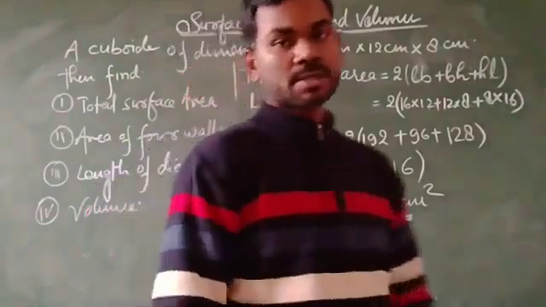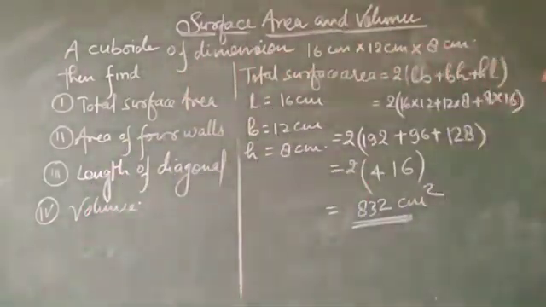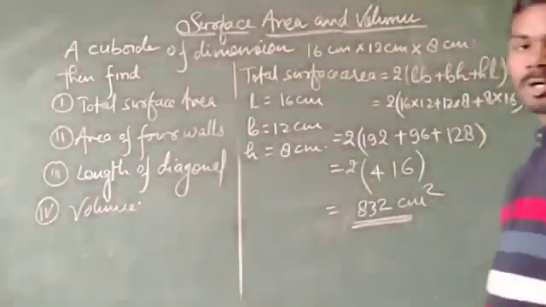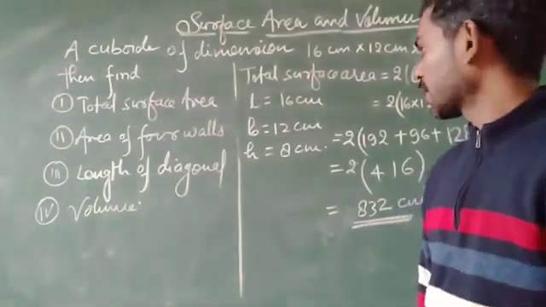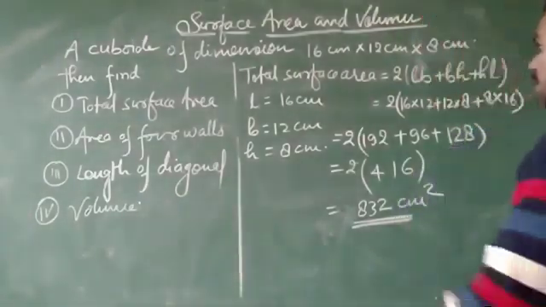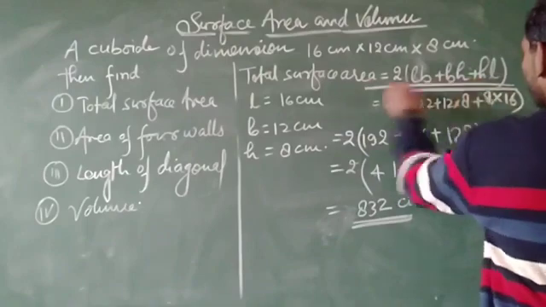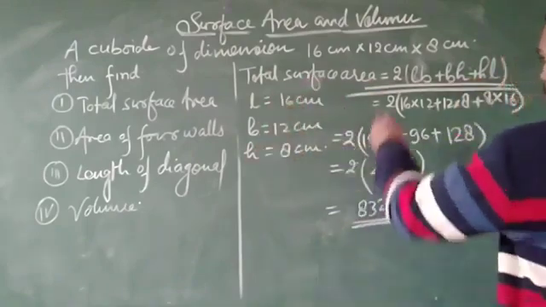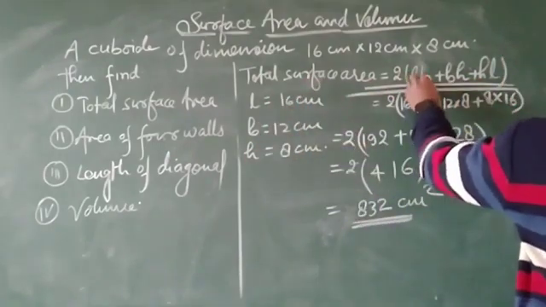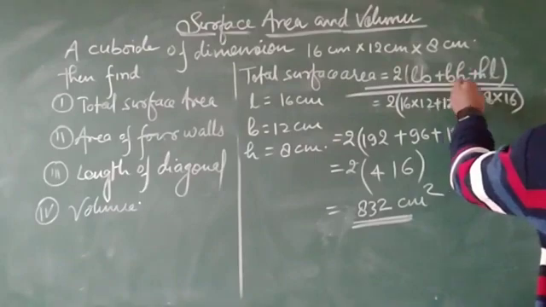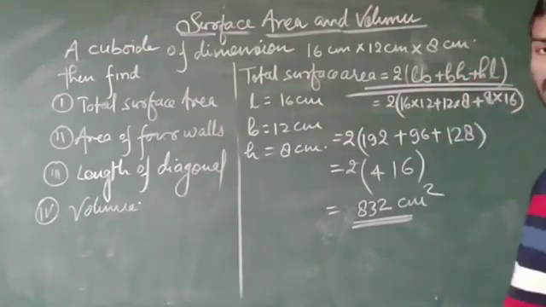Now let us see the next, that is the area of 4 walls. But first of all, let us revise the solution once again. This is the formula for total surface area: 2 times the sum of the product of length and width, width and height, and height and length.